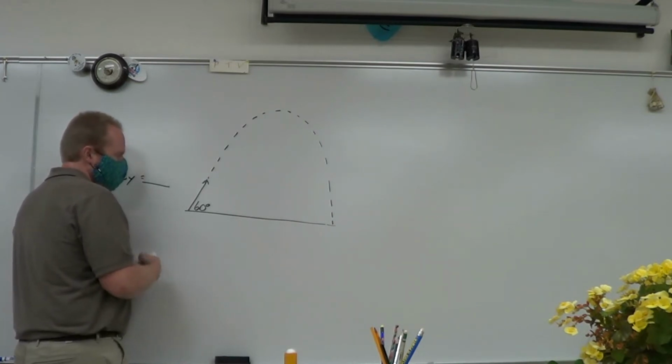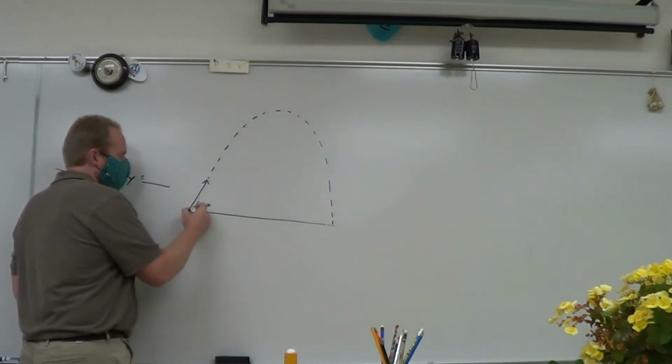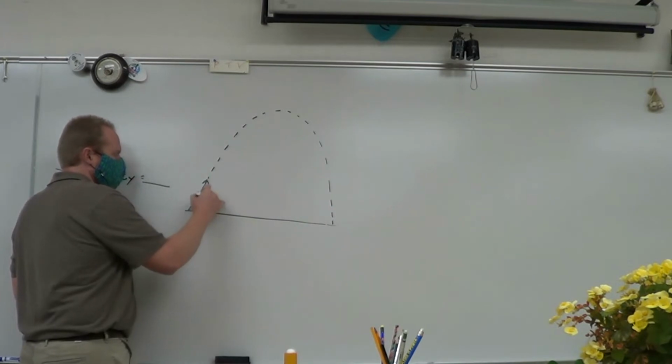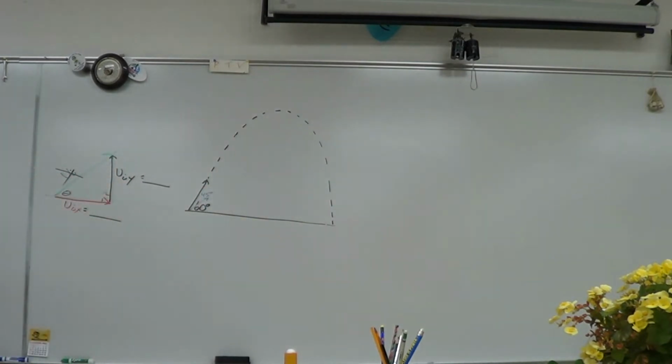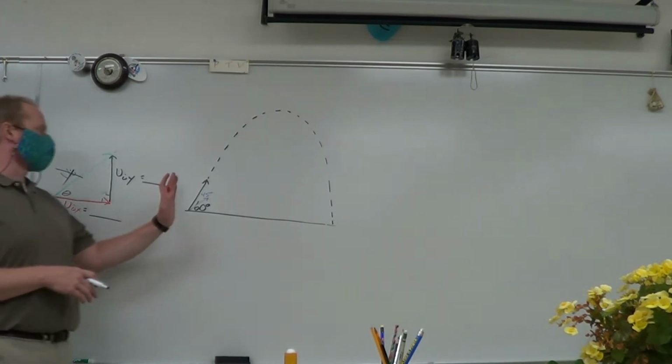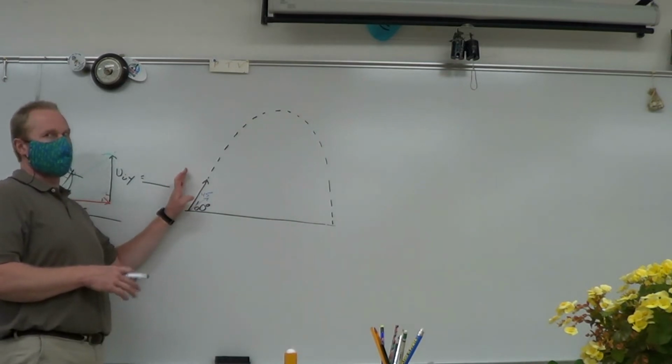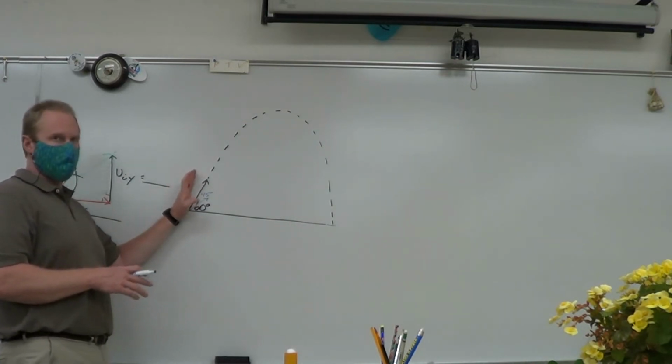Now, what if I were to change my angle? What if instead I were to throw this at, say, 45 degrees? Does that ball go further or shorter than if I throw it at 60 degrees? Think about general life experiences. Or if we want to go to extremes, what if I throw something at 90 degrees, or 89 degrees, almost perfect?